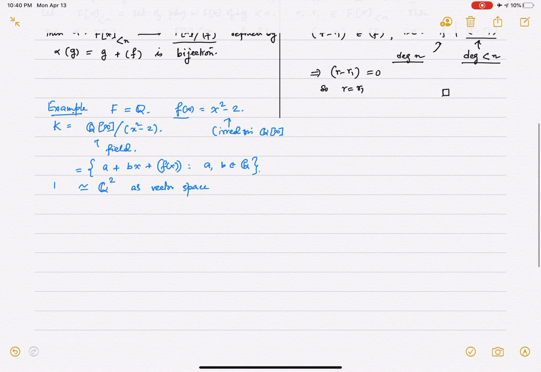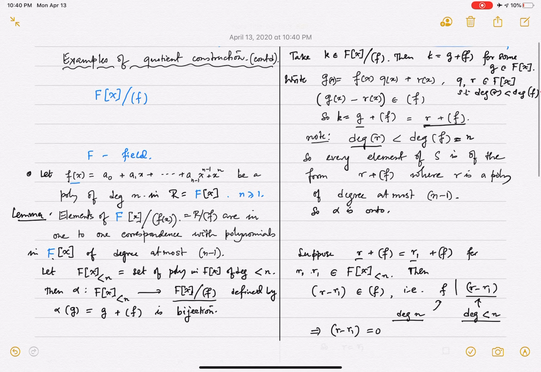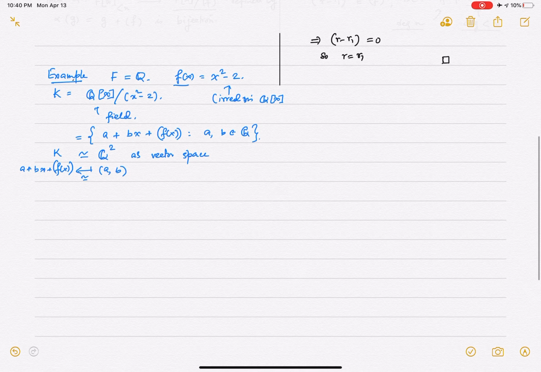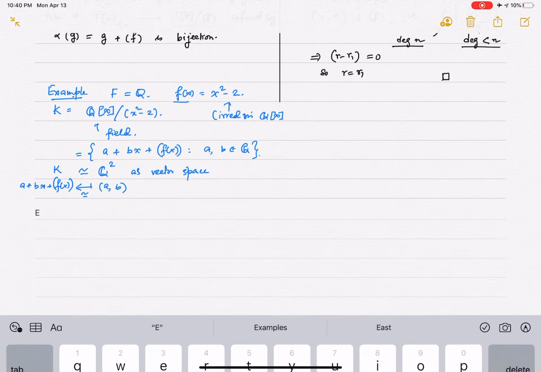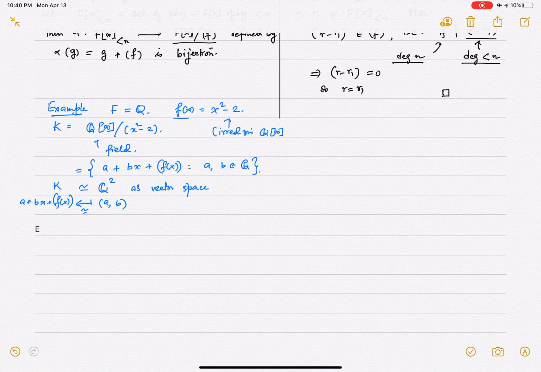And the isomorphism is given by taking (a, b) to the corresponding coset. This is an isomorphism. That's what this lemma says if you unpack it in this case. That different polynomials of degree 1 represent different cosets.